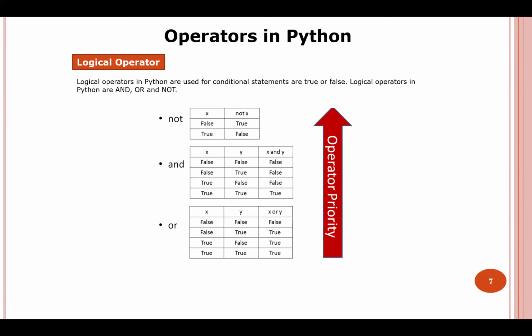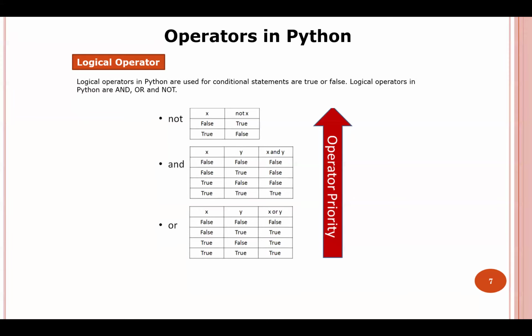Always remember one thing: whenever we are using a logical operator, it will always work in between two Boolean values, that is, between true and false.